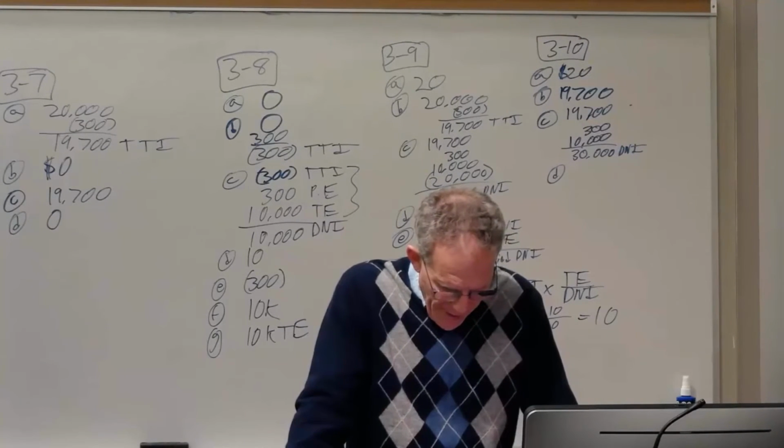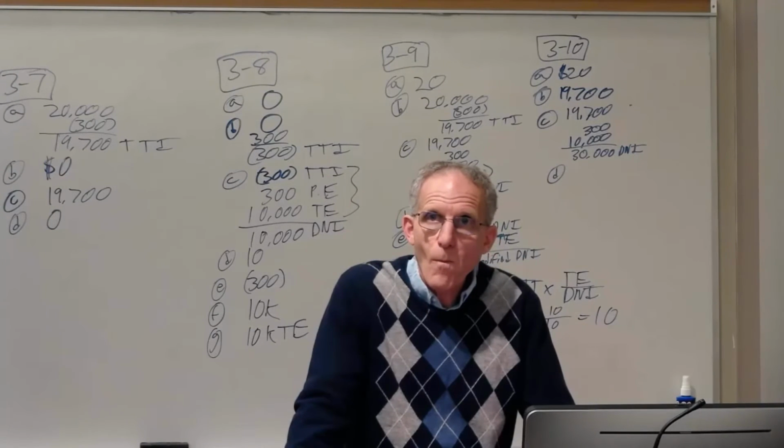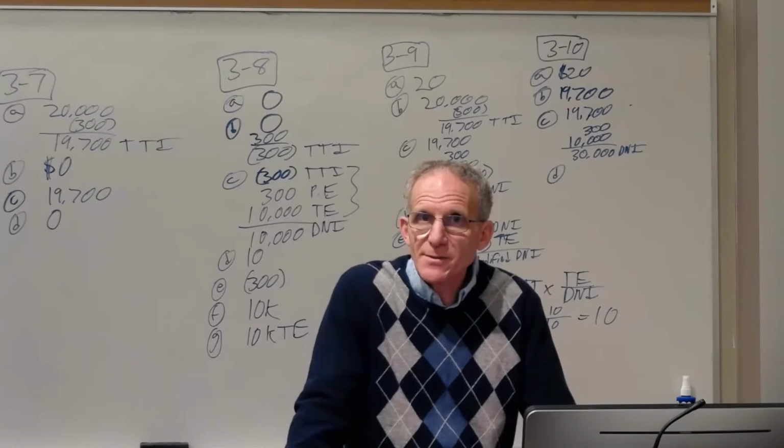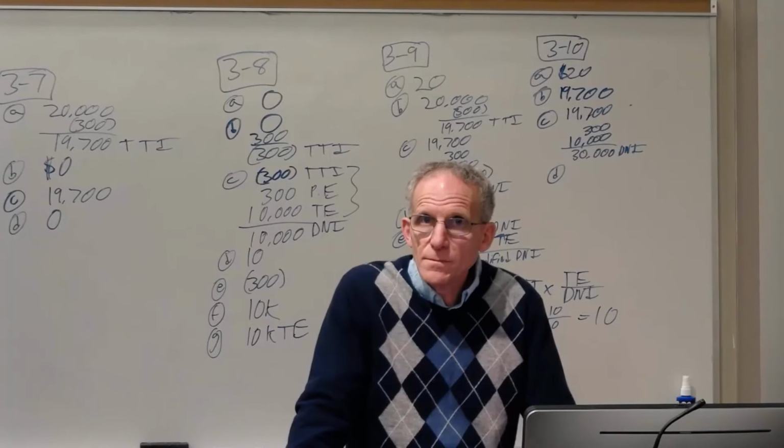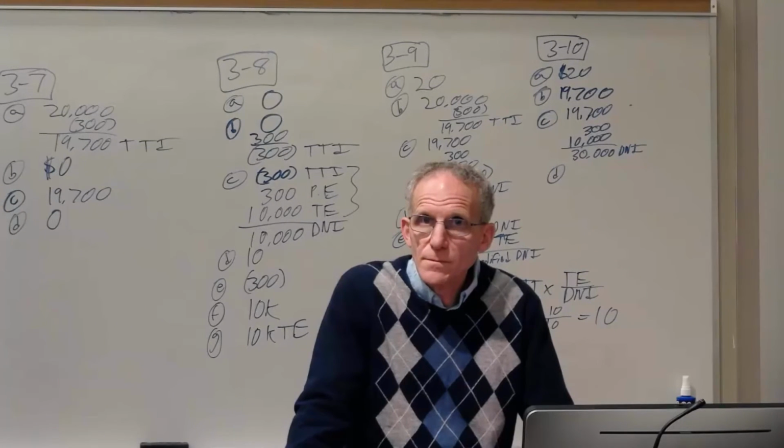What is the fiduciary accounting income here? CJ, you got that? You look puzzled. 10,000?